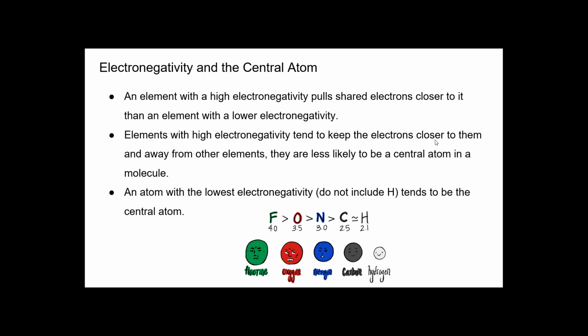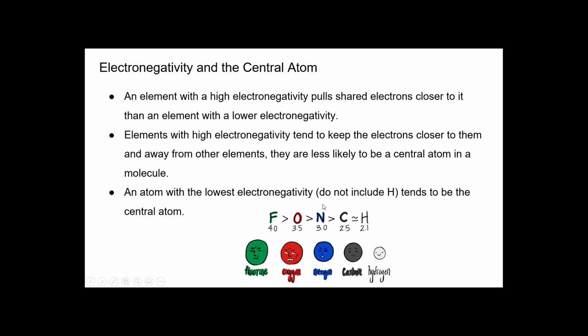Why does that matter? Because when you understand Lewis structures and you draw something, you need to understand how covalent compounds share electrons, and it's not always even. An element with a high electronegativity pulls shared electrons closer to it and away from the element with a lower electronegativity.